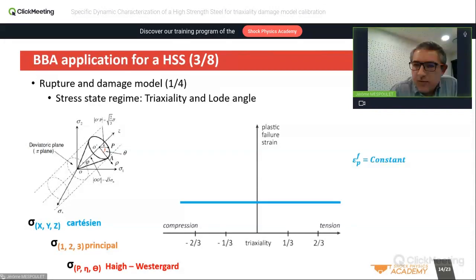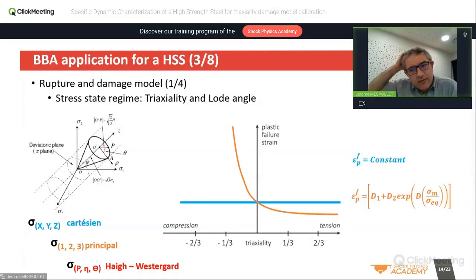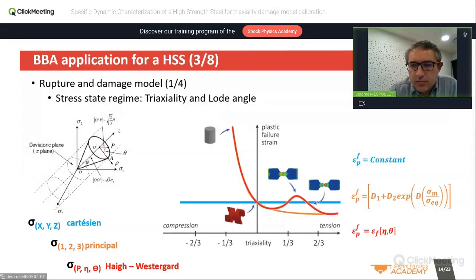So you can have a model with a constant effective plastic failure strain. The model can be constant. If you take the Johnson-Cook failure model, if you look at the triaxiality, you can define the curve that is like this with an exponential, and so you have two constants, but some materials have an evolution that is not monotonic, and they can vary.